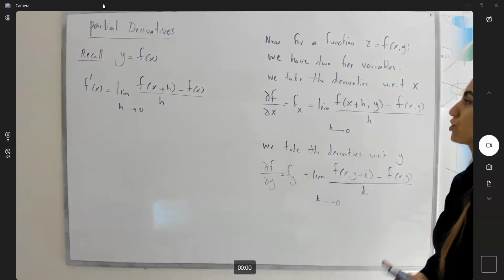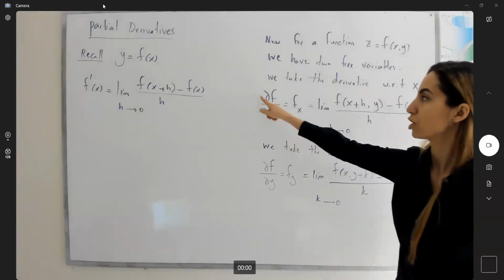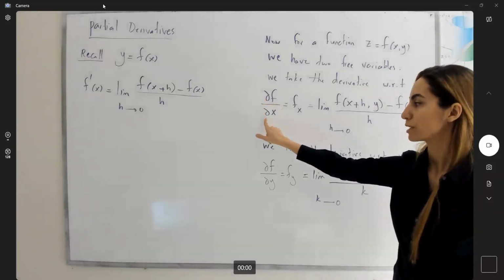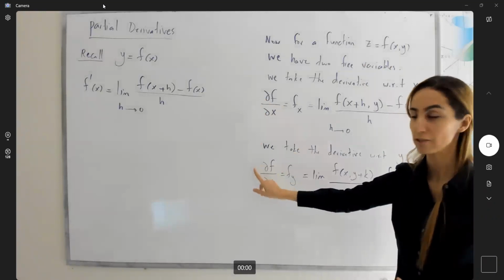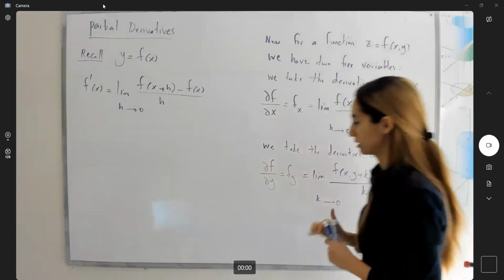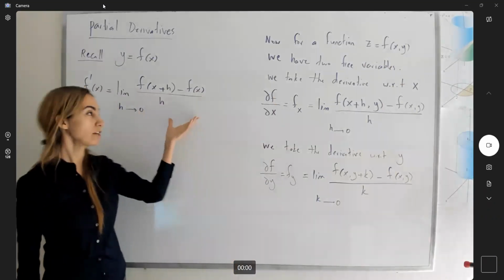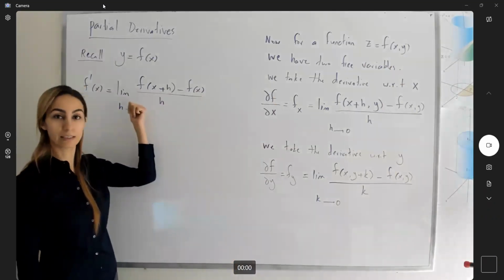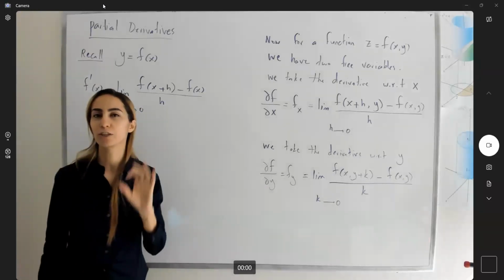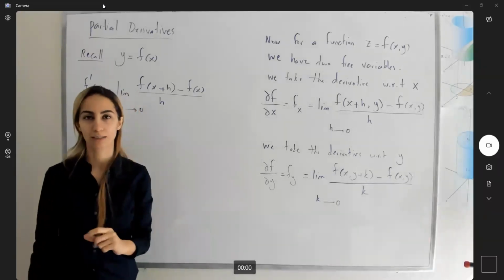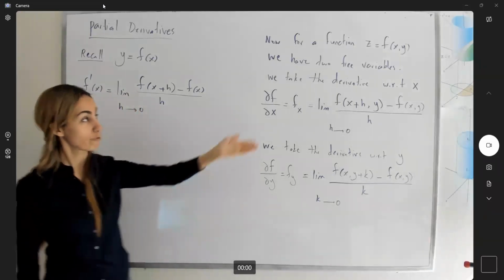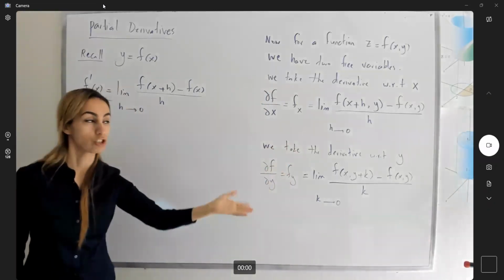So these are the official definitions. Partial derivative of f with respect to x, partial derivative of f with respect to y. As you remember, if the limit exists, you can define those nice shortcuts. We have the same thing for multivariable functions.